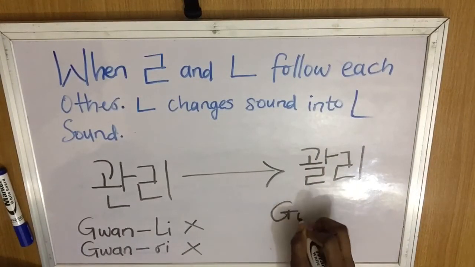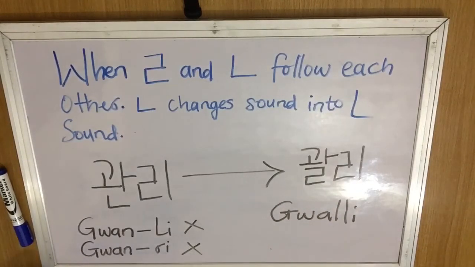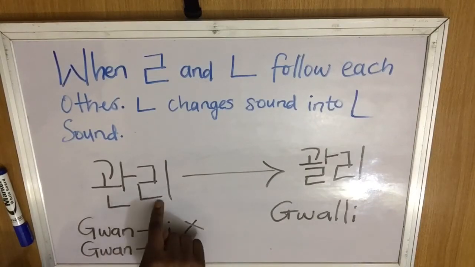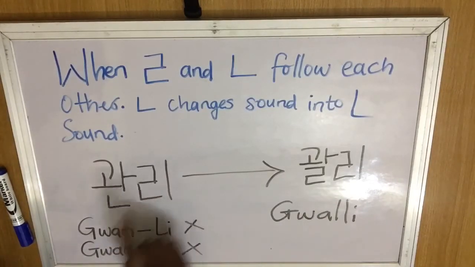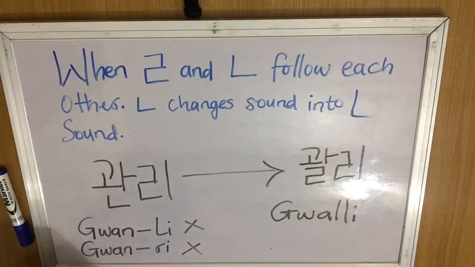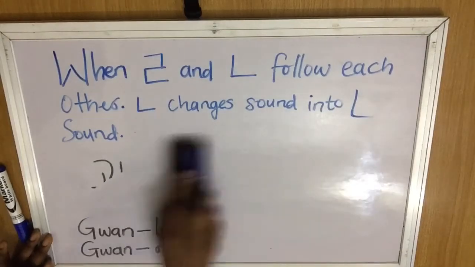So we have Guai, a double L sound. So N changes its sound to an N sound when neon and rear follow each other in a word. I know this is going to be a bit tough for us to practice, but as time goes on, you get used to it. I'm not yet used to it, to be honest. Alright.